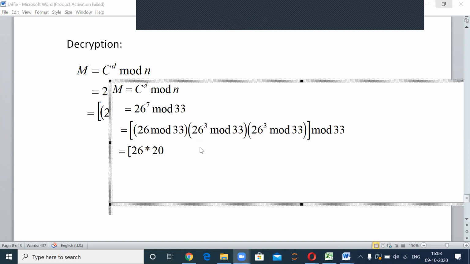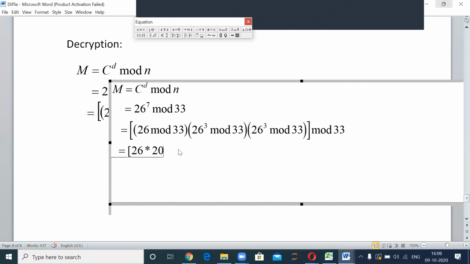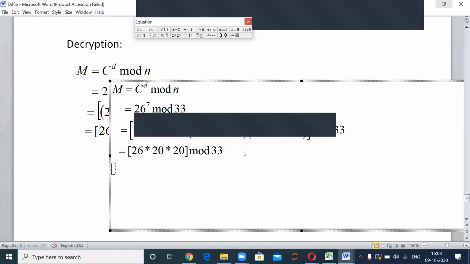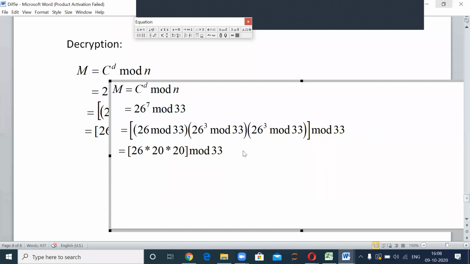And 26 power 3 mod 33, that is also 20. Here also 20. Right? And again perform mod 33. You calculate it. That is 26 into 20 into 20.